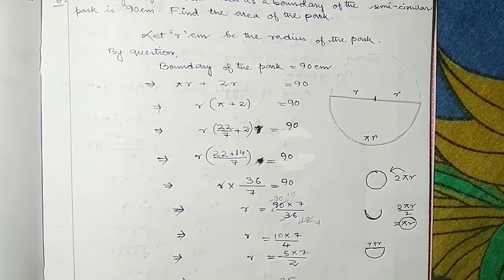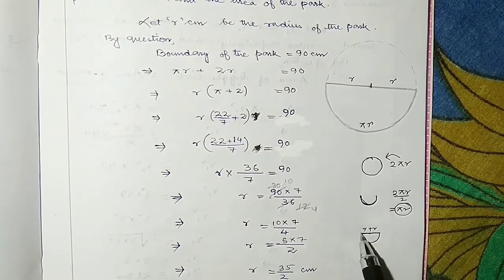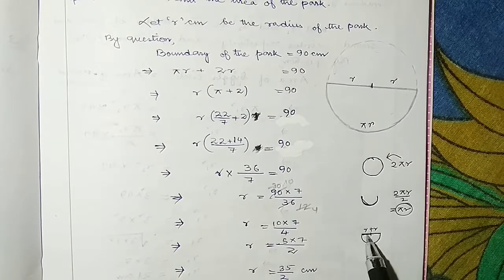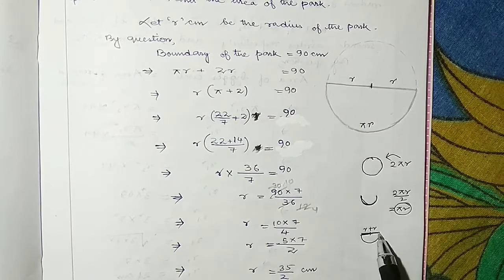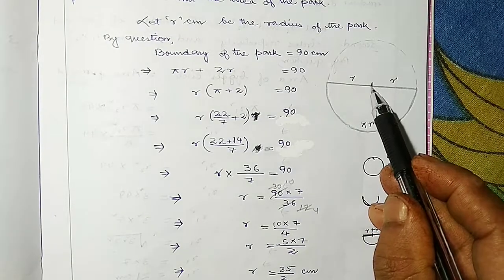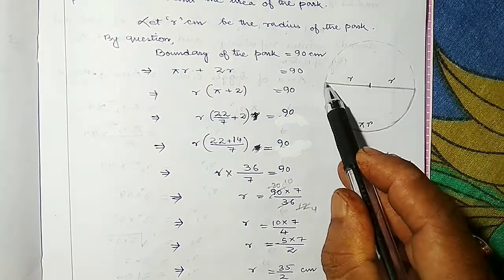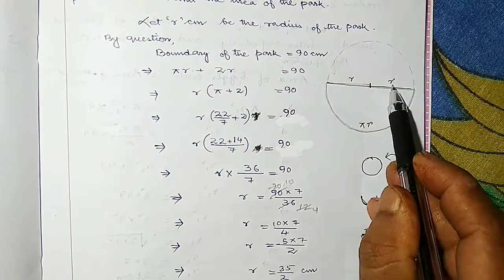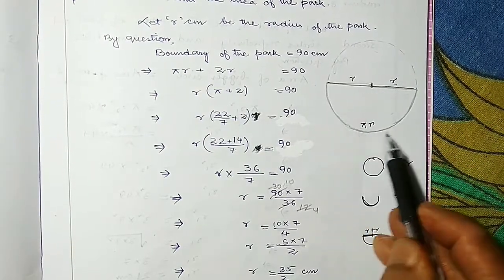Now if I consider this part, here it is double the radius because from here to here it is radius, so r plus r, it will be twice r. So if I consider this figure, what is the total length of the boundary? This part is r, this part is r, that means twice r, and this part is pi r.